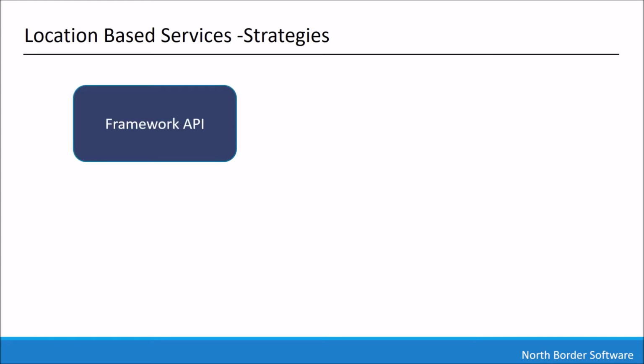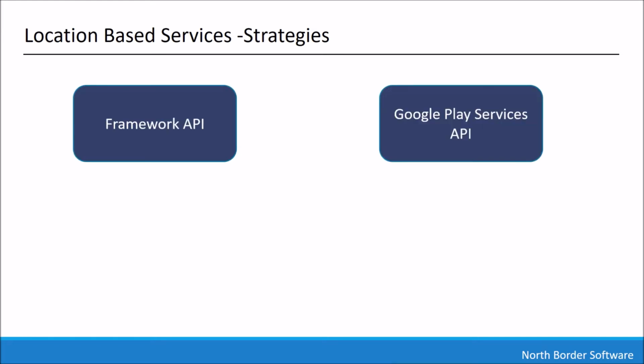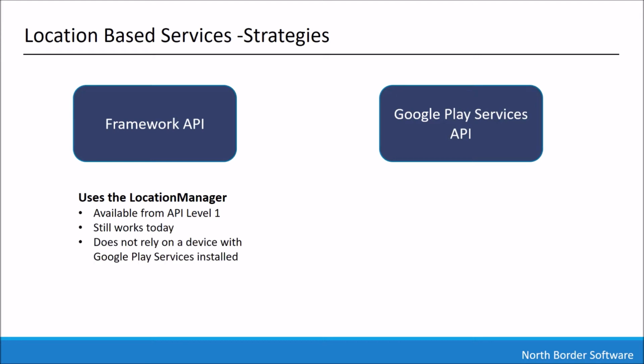The first is to use the Framework API. The second is to use the Google Play Services API. The Framework API uses a Location Manager. It's been available since API Level 1 and it still works today. It does not rely on Google Play Services being installed, which is a major advantage if you possess such a device. However, the recommendation is to use the Google Play Services API.